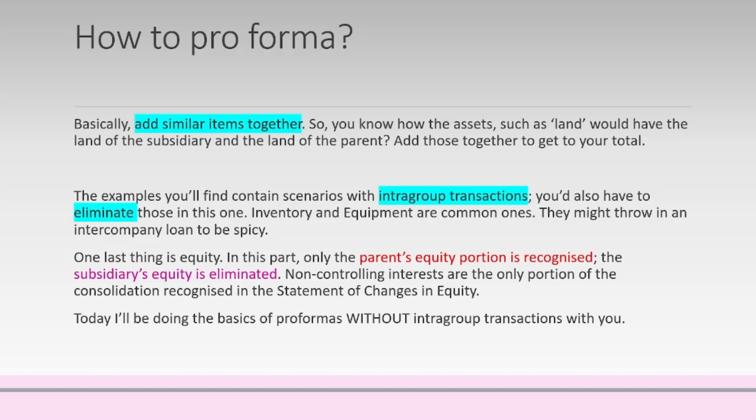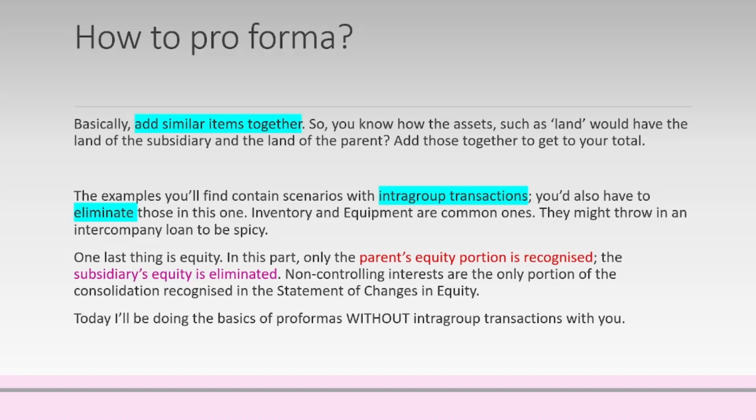The examples you'll find in your tests and exams will pretty much contain intra-group transactions also, but you'd have to eliminate those. As I just said, we are reporting to external stakeholders, so we cannot show internal things in our consolidated financial statements.